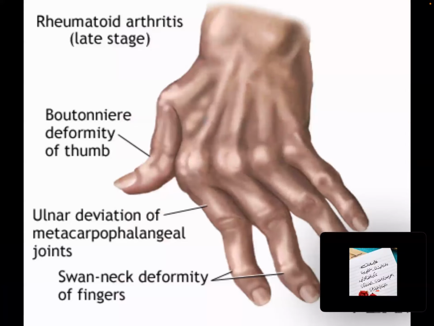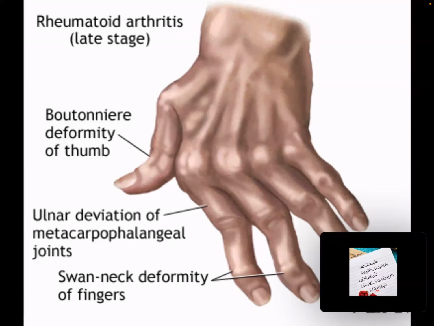So these are the deformities, and it's a spot diagnosis. The Z deformity of the thumb, and we have 2 deformities of the fingers: the boutonniere and the swan neck deformity, and the ulnar deviation of the metacarpophalangeal joints.